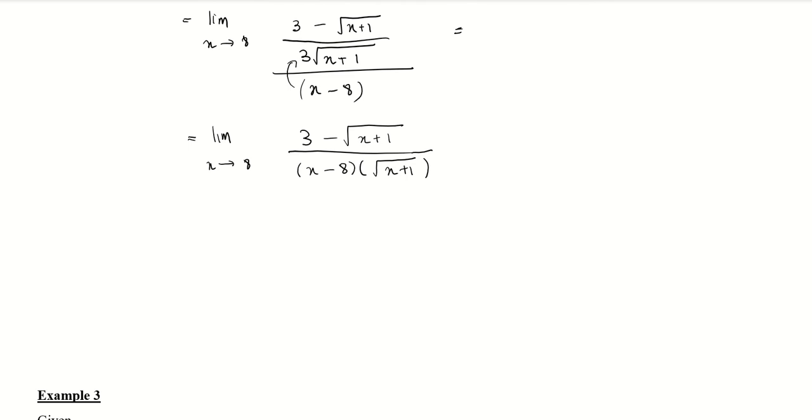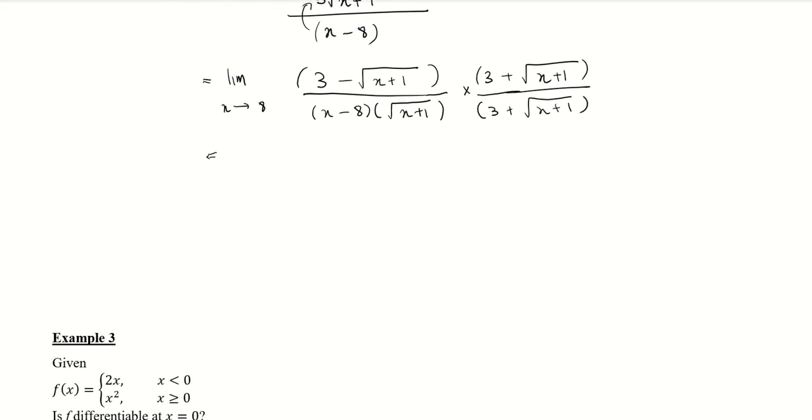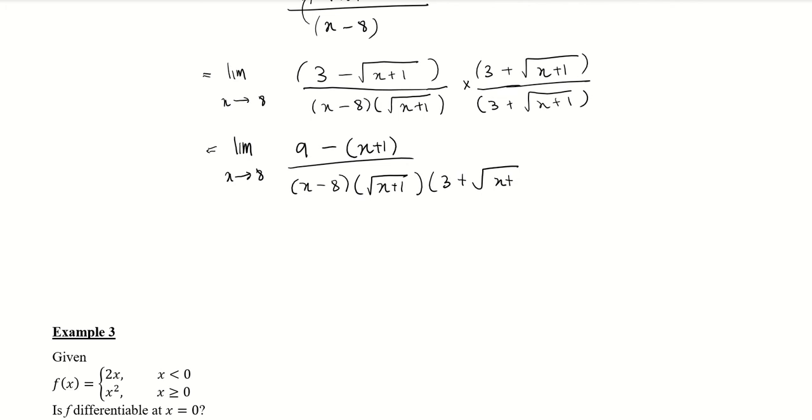The conjugate must be of the numerator, which is 3 plus square root of x plus 1. We multiply this at the numerator and also the denominator. So at the numerator we get 9 minus (x plus 1), over x minus 8 times square root of x plus 1 times 3 plus square root of x plus 1.